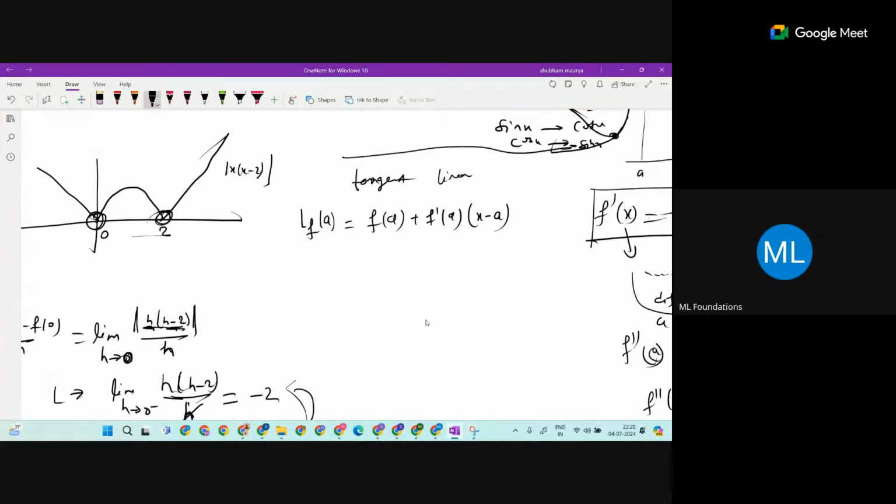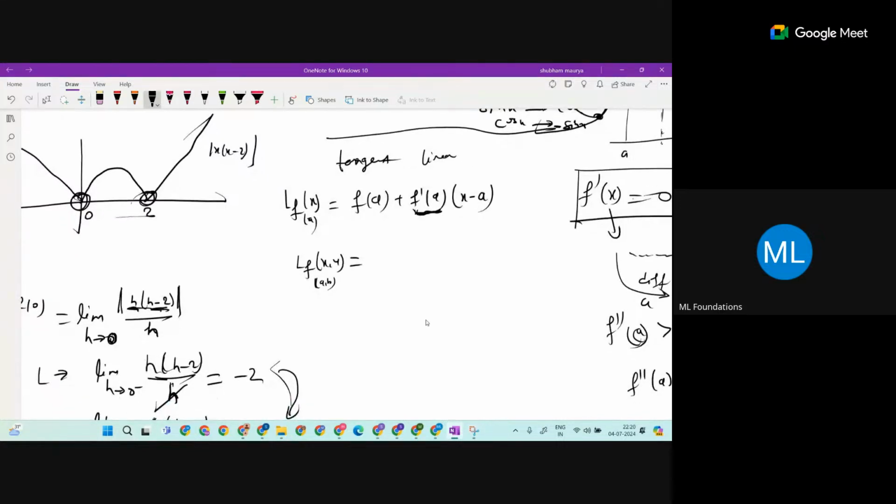Now if you do multivariable, the derivative changes to the gradient. Here, at a particular point (a, b), the linear approximation is a function.